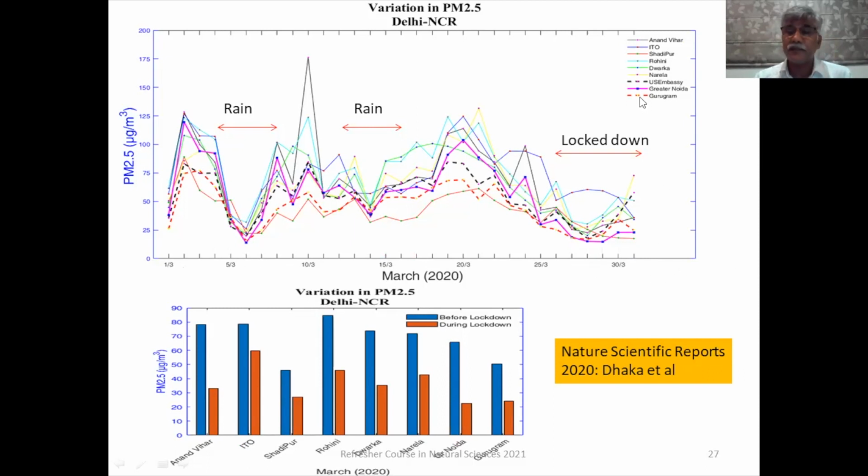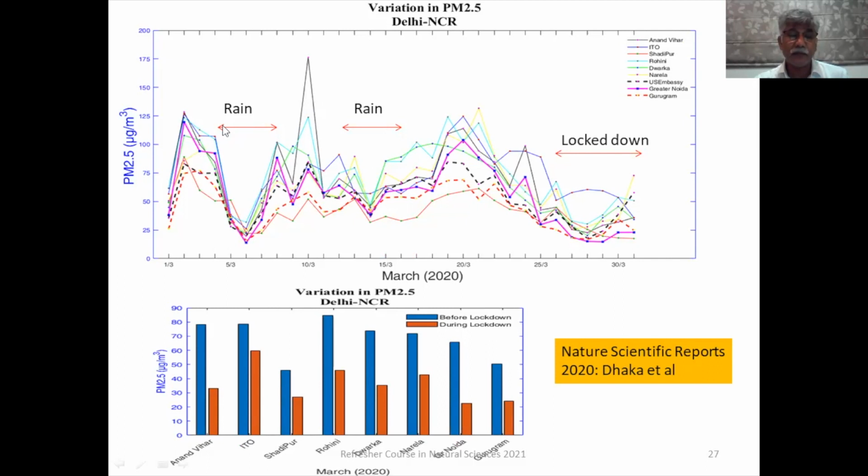These are the different stations: Gurugram, Greater Noida, US Embassy. The blue dot is US Embassy, then Dwarka, Shadipur, ITU, Anand Vihar. So we all understand that Anand Vihar, Dwarka, and Greater Noida are on the higher side around here. But the pattern over all stations is similar.